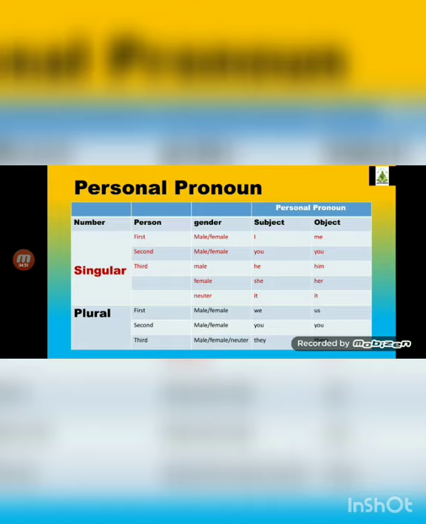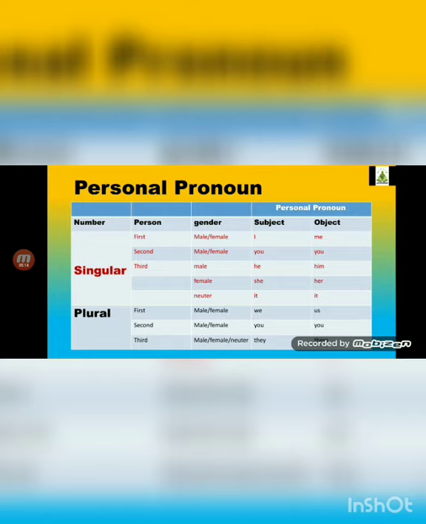I repeat, the second person pronoun is used to address the person we are speaking to. For example, you must tell me what you think. Over here, you is used as the second person.